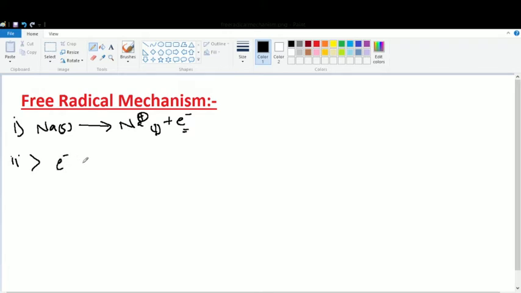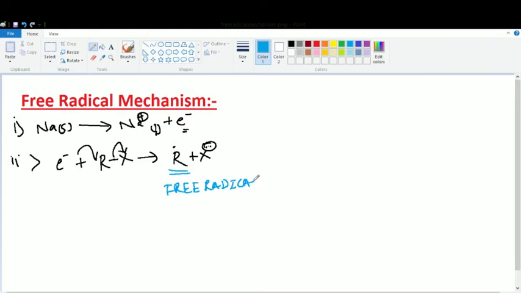Now in the second step, this single electron is going to attack the anti-bond of RX, where halide is more electronegative than carbon, so it will take both the electrons heterolytically and will form R dot plus X minus, where R dot is known as a free radical, having 7 valence electrons, which is less than 8.